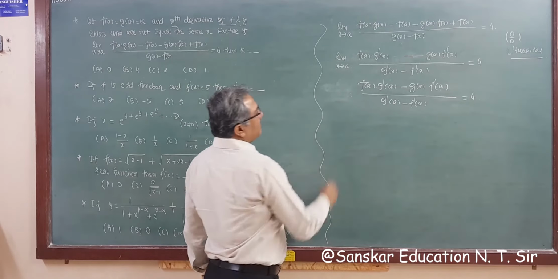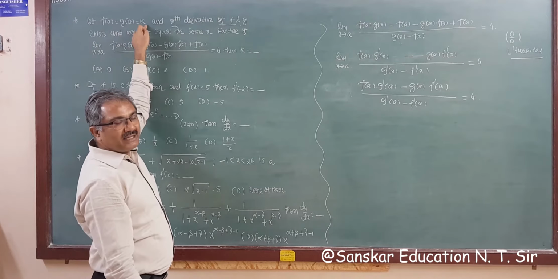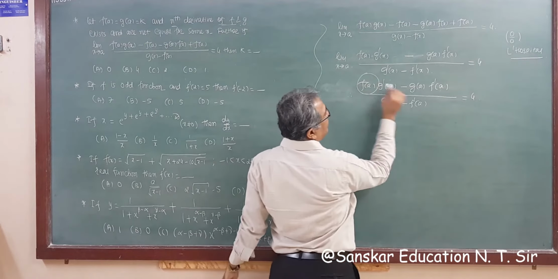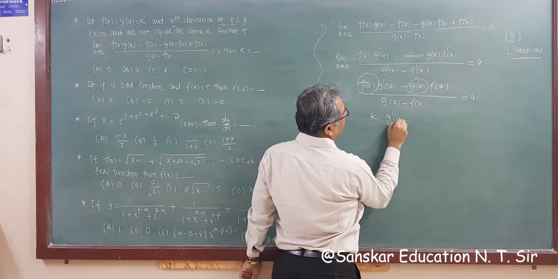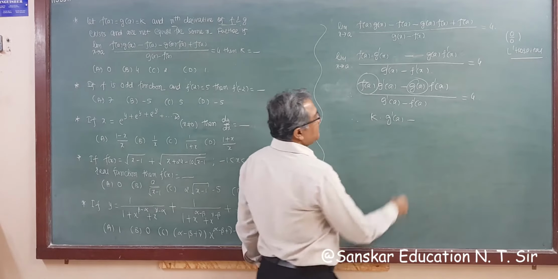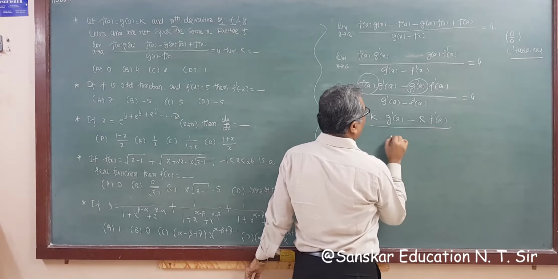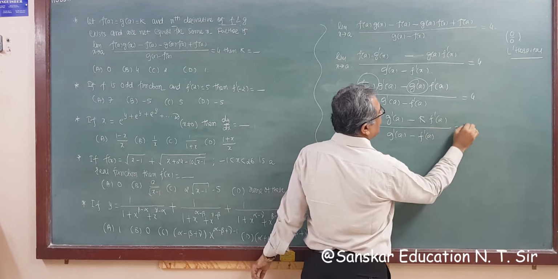Now given that f(a) = g(a) = k, the value of f(a) and g(a) is k, so this becomes [k g'(a) − k f'(a)] whole upon [g'(a) − f'(a)] equal to 4.